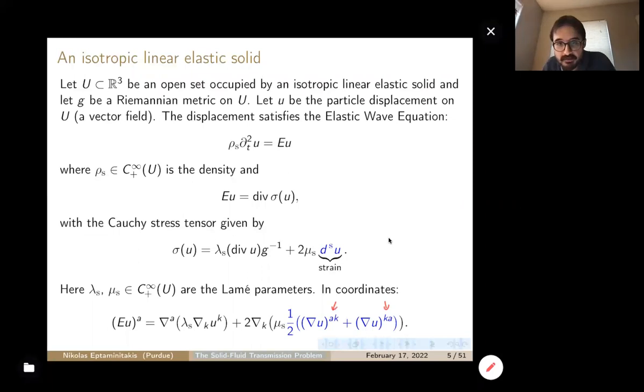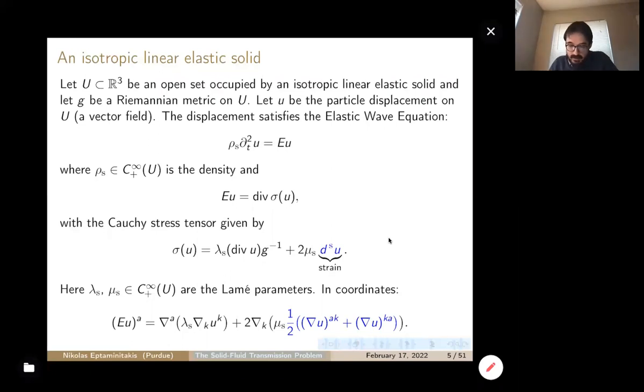Here we have upper indices because we are thinking of it as a vector field. Okay, so this is the expression for our elastic wave operator, and I should remark here that this is actually an elliptic operator acting on the vector field U. This is going to come up a bit later.